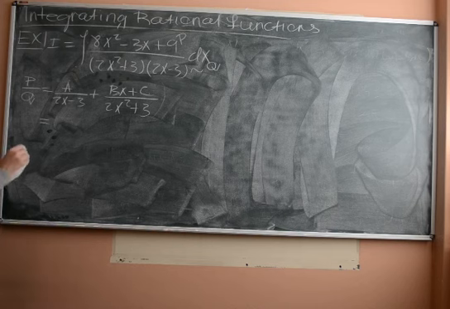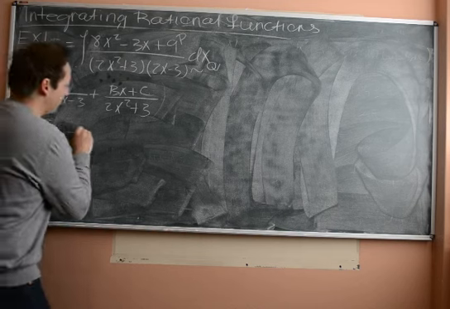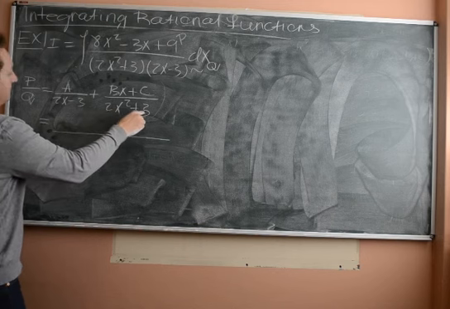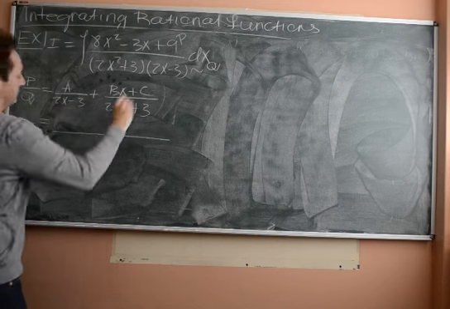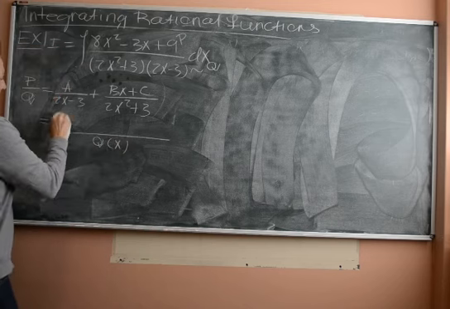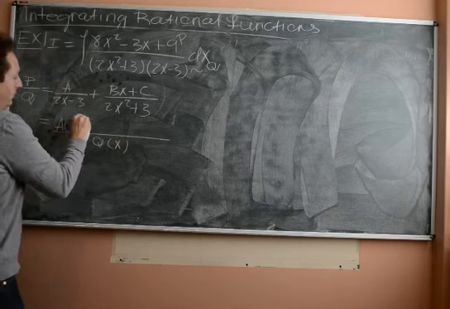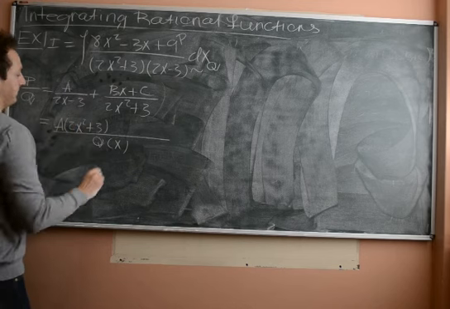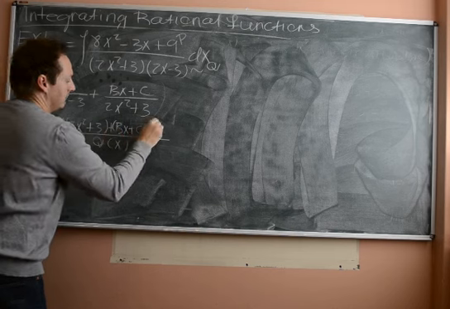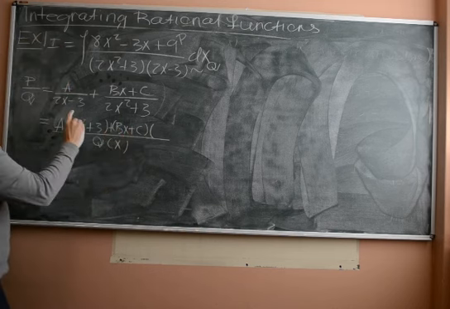We write them over the same common denominator, which will be (2x² + 3)(2x − 3), so just q. So a we multiply by 2x² + 3, and this bx + c we multiply by 2x − 3.